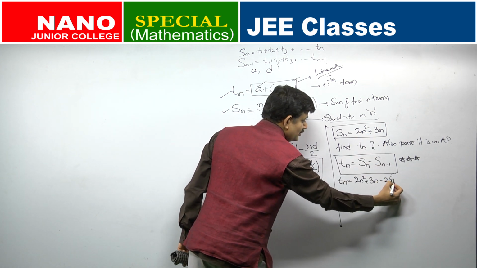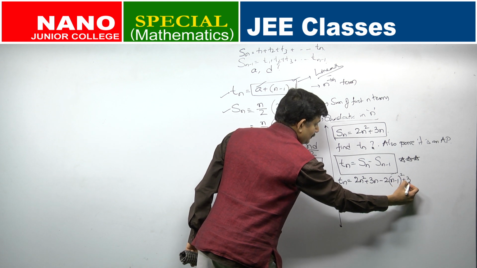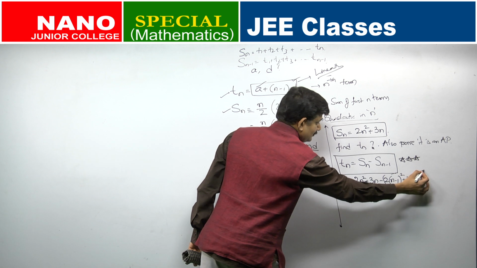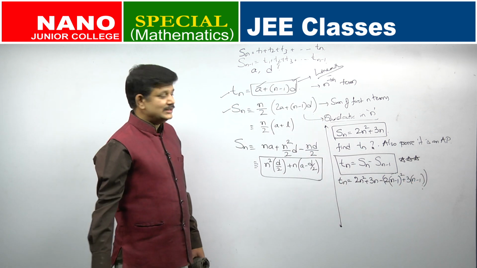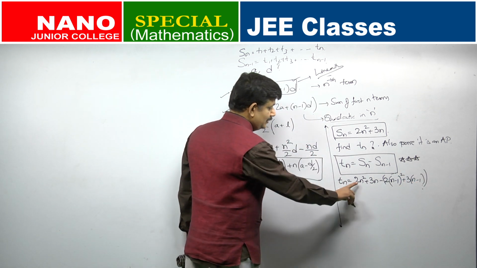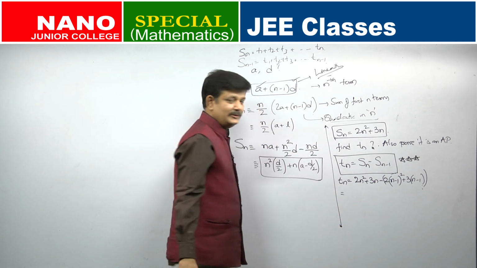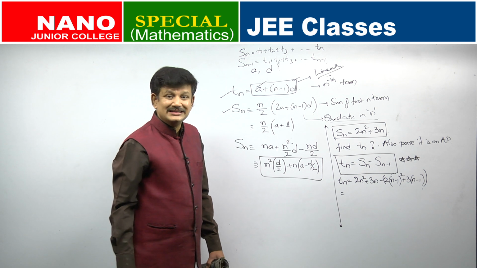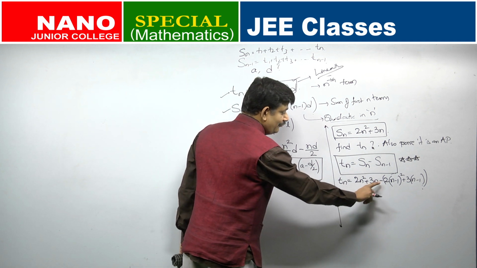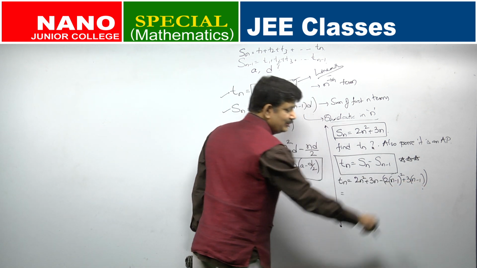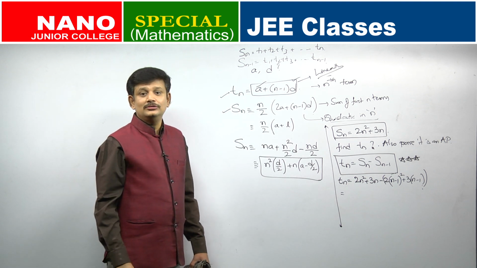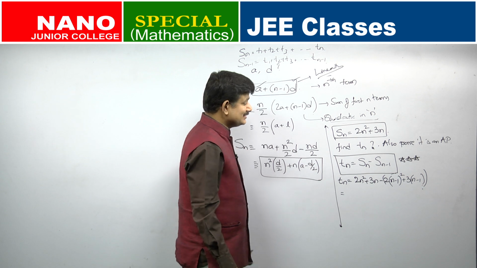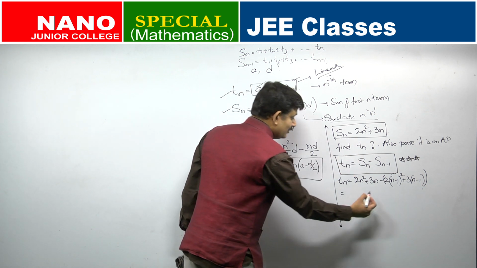What do you get? 2 into n minus 1 square plus 3 into n minus 1, and you are subtracting this; the minus sign is for the whole thing. Now, observe this simplification: you can expand this and subtract, or else you can do it directly. From 3n, what are you subtracting? 3 into n minus 1, that is 3n minus 3. 3n gets cancelled, what will you be left with?